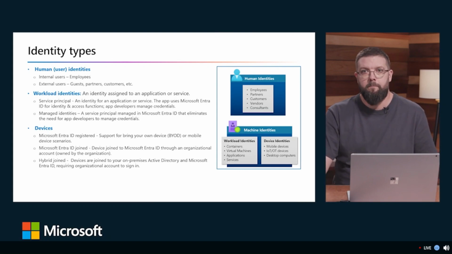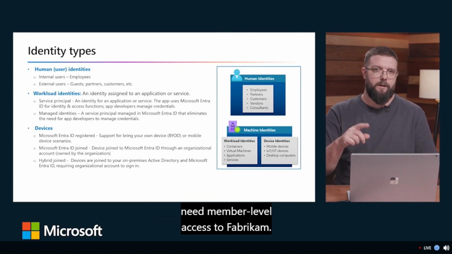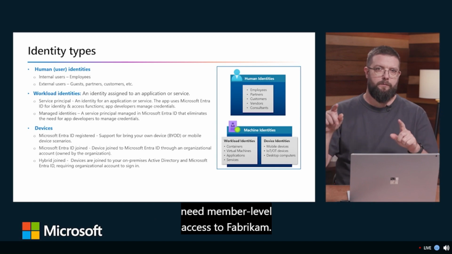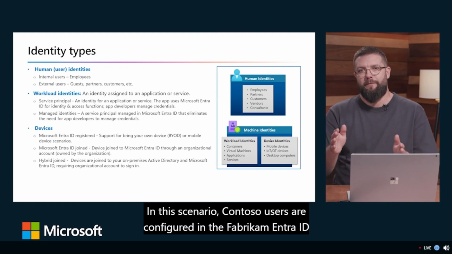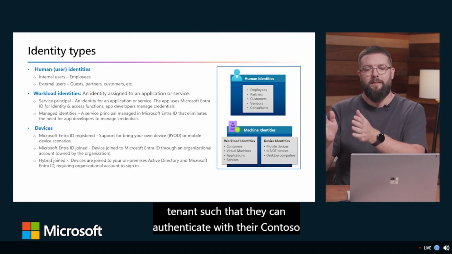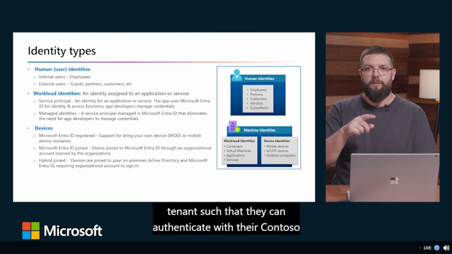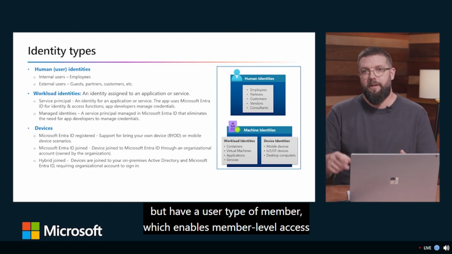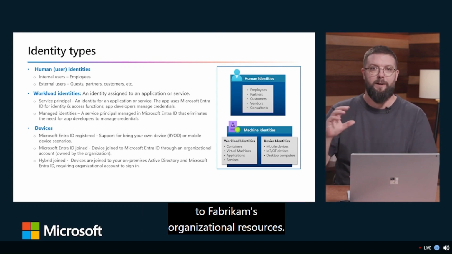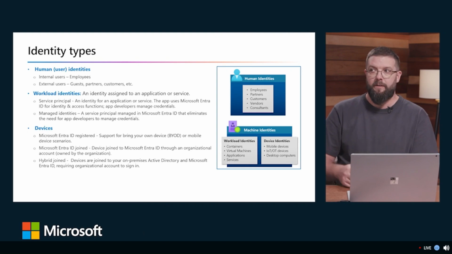Users from the Contoso tenant need member level access to Fabrikam. In this scenario, Contoso users are configured in the Fabrikam Entra ID tenant such that they can authenticate with their Contoso account, which is external to Fabrikam, but have a user type of member, which enables member level access to Fabrikam's organizational resources.